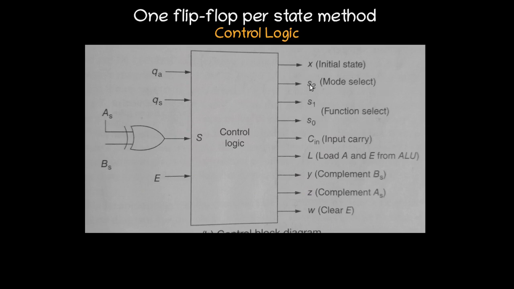Then S0, S1, S2 and the input carry will form our selection variables to the ALU. This L, Y, Z and W are outputs that go to the registers in the data processor as specified in the diagram. So L loads A and E from the ALU, Y complements BS, Z complements AS, then W clears E.